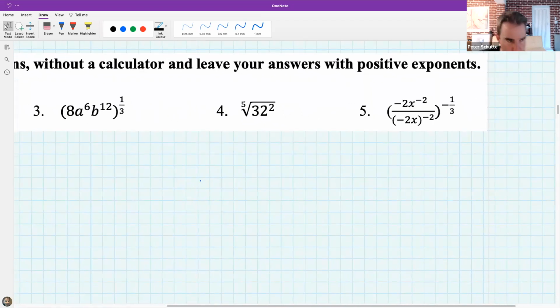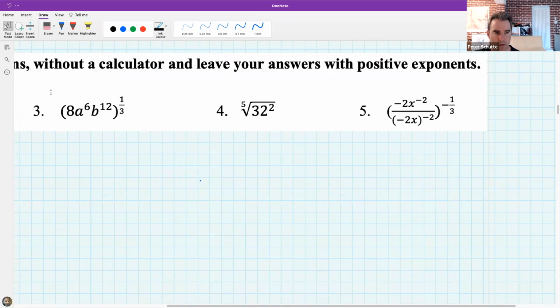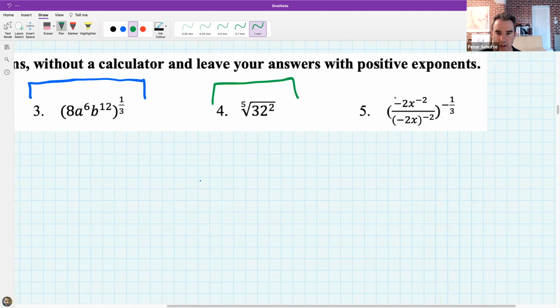And once you get your answer, you can put it in the chat. But let's start with 3, in fact. And then if you're feeling comfortable, try out 4. And if you're feeling comfortable, then you can go on to 5.